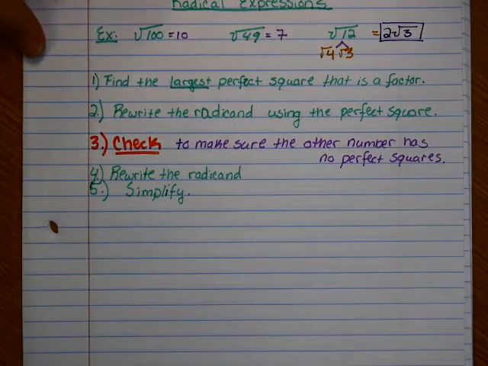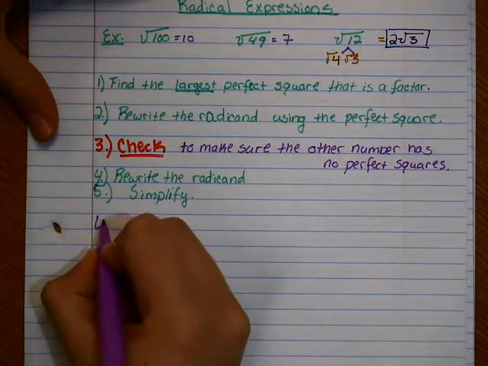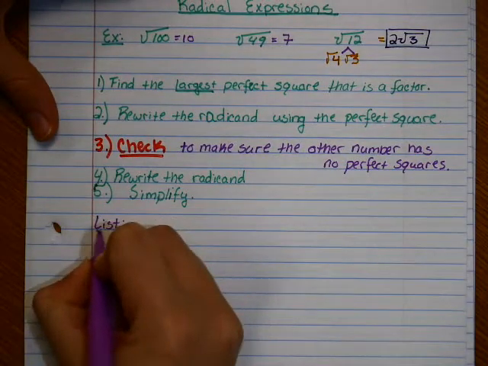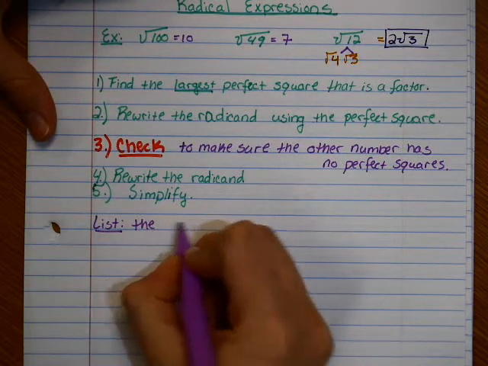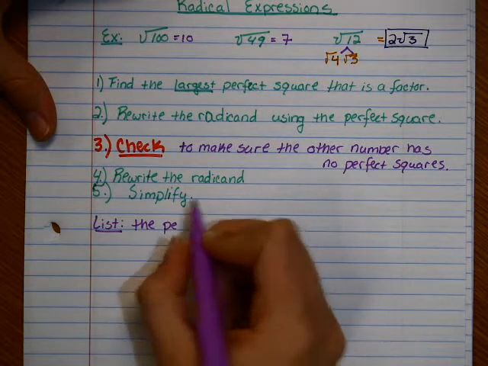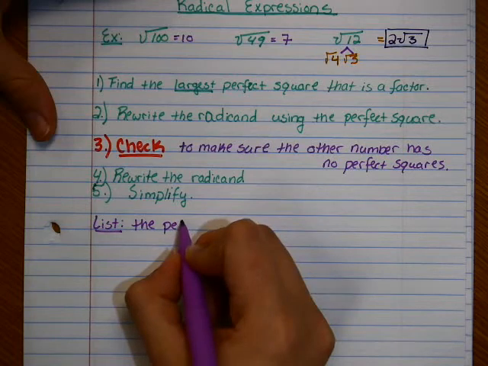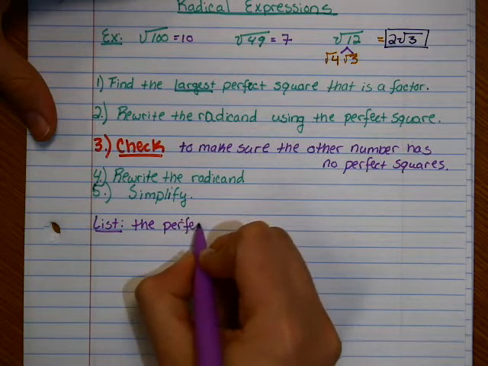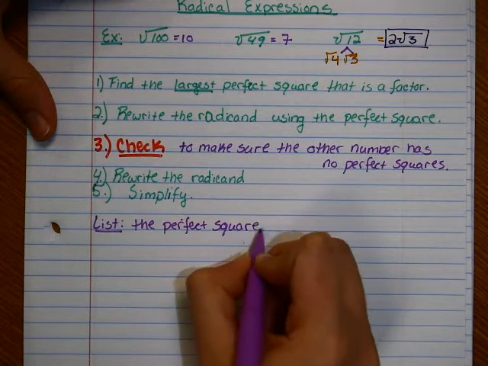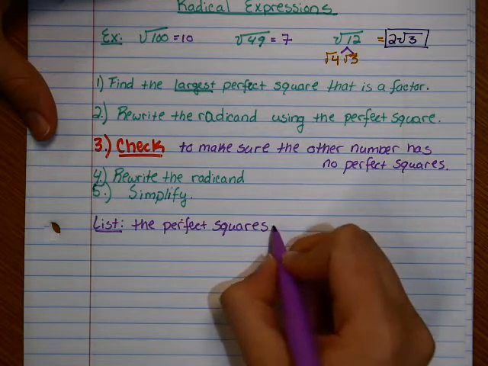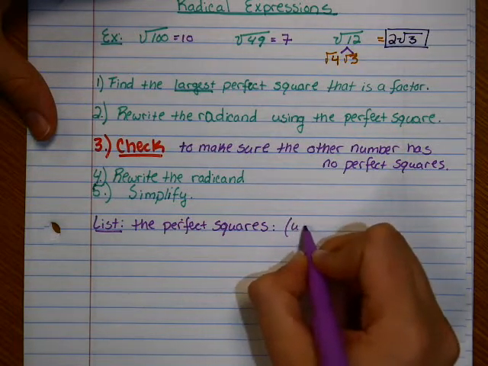So next I want you to list all the perfect squares up to, we'll say up to 20 squared.